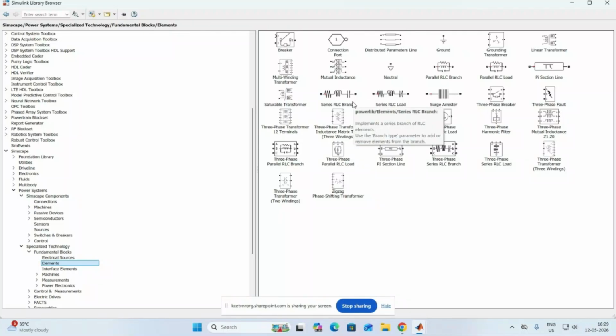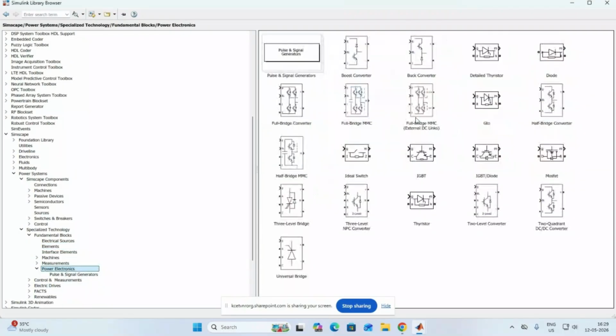I am going to take series RLC branch, and from power electronics I am going to use ideal switch. In practical, you can use MOSFET or IGBT. For our simulation, I am choosing ideal switch.